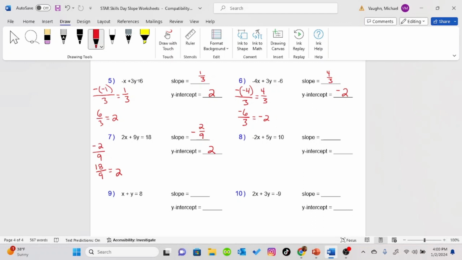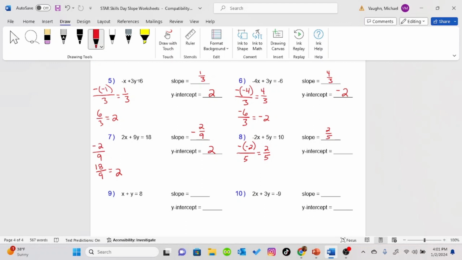Number 8, my slope is negative a over b. Negative negative is positive. So my slope is 2/5.